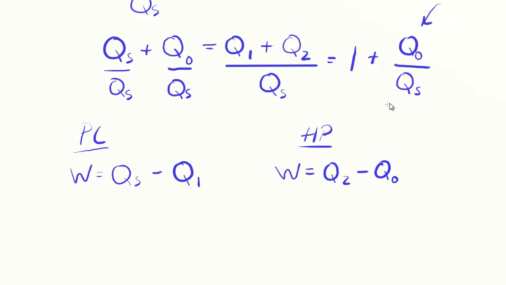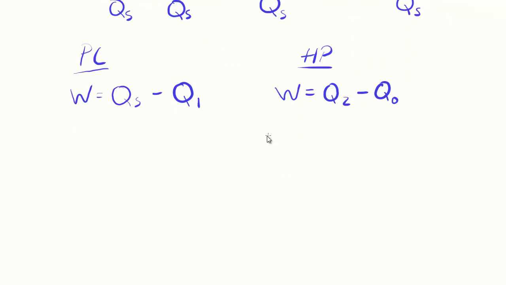And we want this QS to do algebra with this stuff over here. So I'm going to bring this equation down. So we had 1 plus Q naught over QS. And actually, I'm going to just neglect this 1 plus for a second. I'm just solving for this Q naught over QS. I'm going to do a little algebra trick. So I need to multiply and divide by this W, and I need to do it in a way.